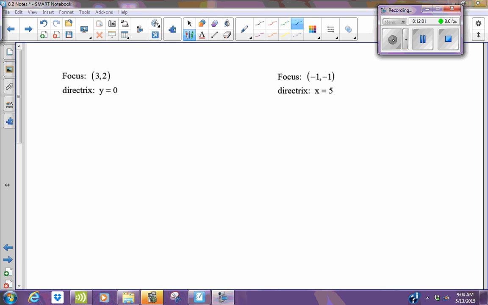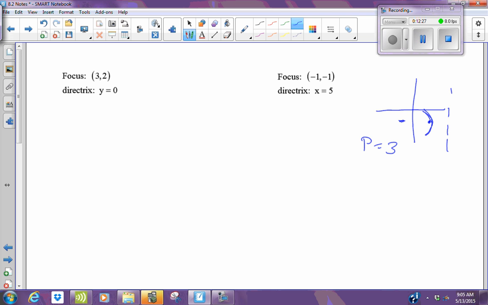There you go. Okay, so you're going to draw your graph over there, and your focus is -1, -1, and your directrix is 5. And so with your point in the middle, your vertex is going to be over here, and it's going to go that way, and P is equal to 3, because that's the distance between the focus and the vertex and the directrix.